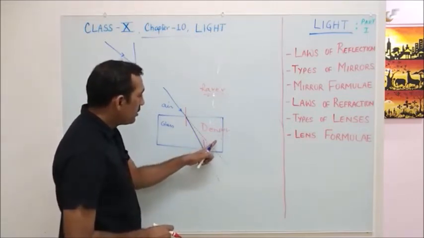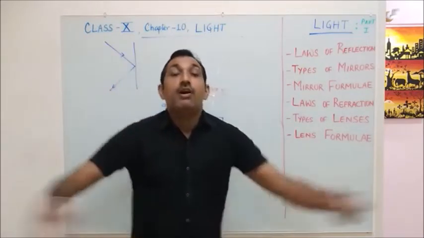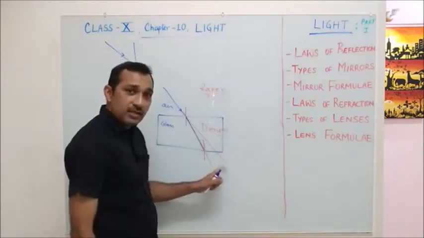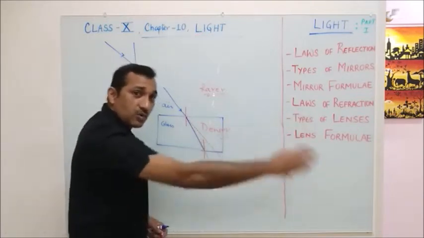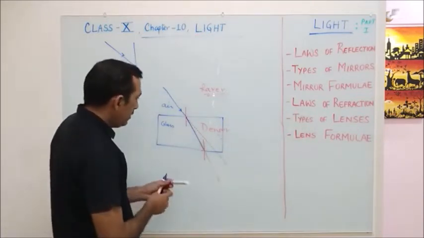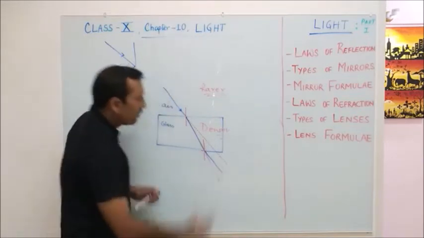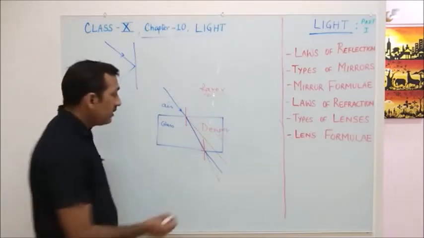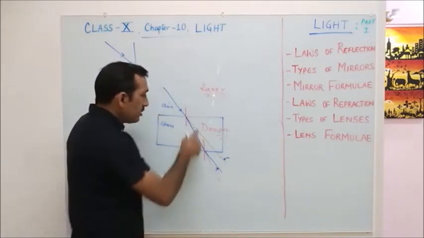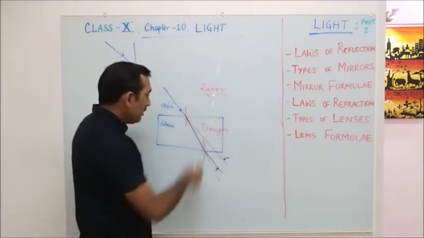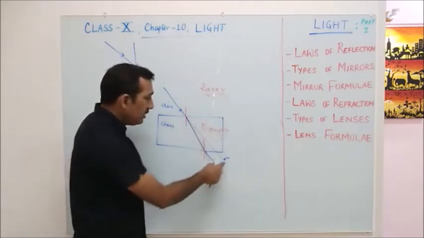Now it is going from denser to rarer, and as I said, if it is rarer, density is less, then people are far. So again density is less, it is far, so it is going away, distance is more, going away from the normal. That means in place of going here, it will go like this, and these two rays, one which was supposed to be the path if glass is not there, and this is the actual path when glass is there, these will be parallel.